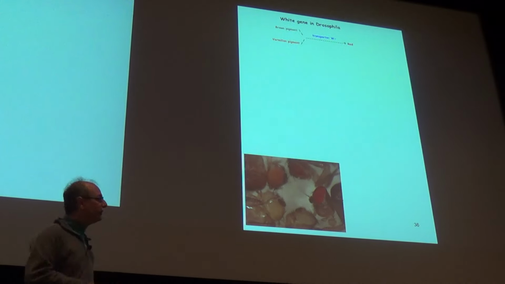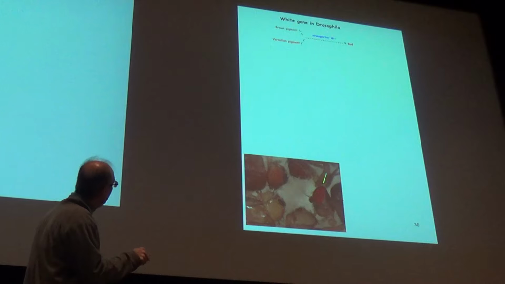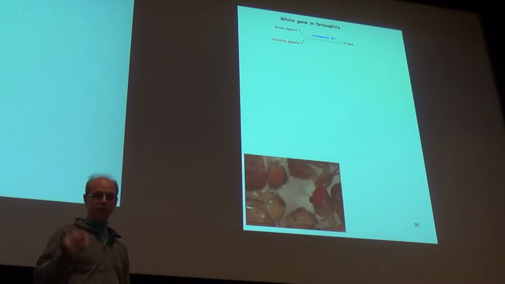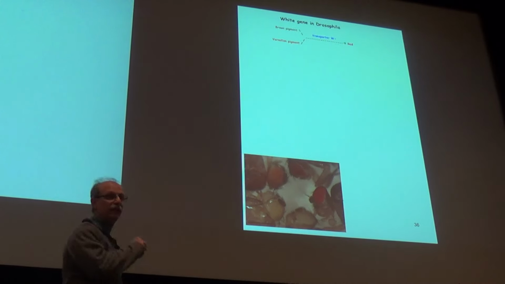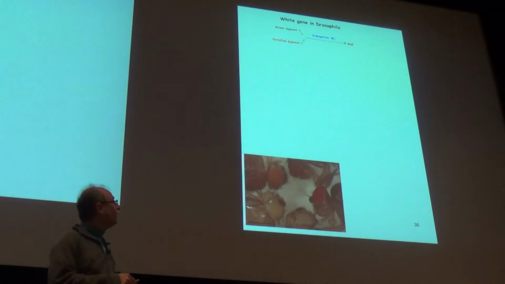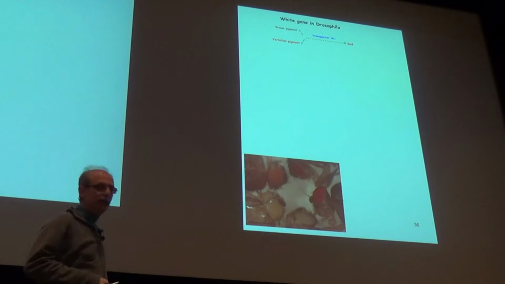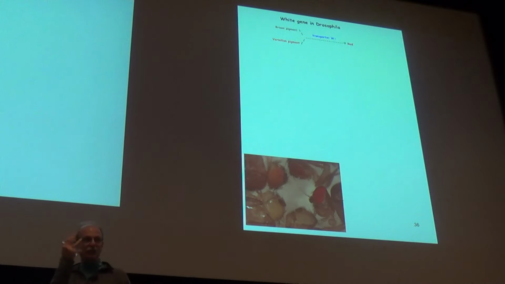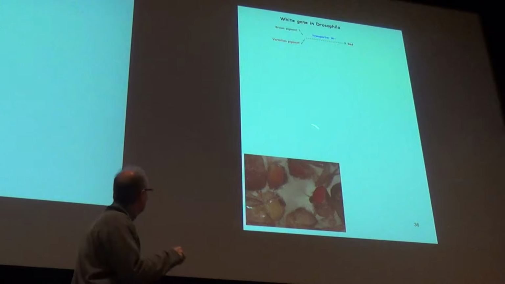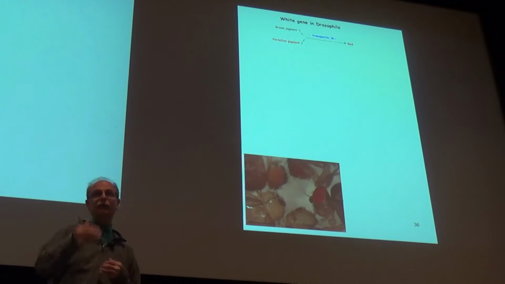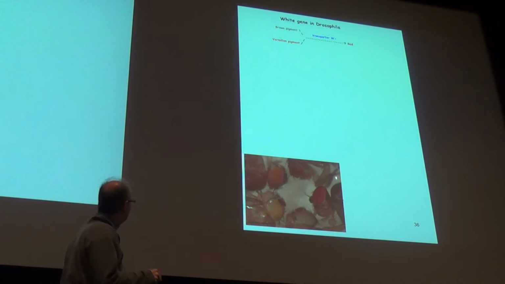Both of those pigments are then transported into the facets of the eye via this transporter called the white gene. When this transporter is working completely normally, you end up with red eyes. If this transporter doesn't work at all, you end up with white eyes. But if the transporter works partially, it might transport one pigment but not the other, or one pigment to a greater extent than the other, and you start to get different colors in the eye.